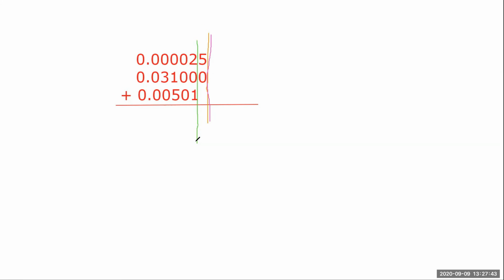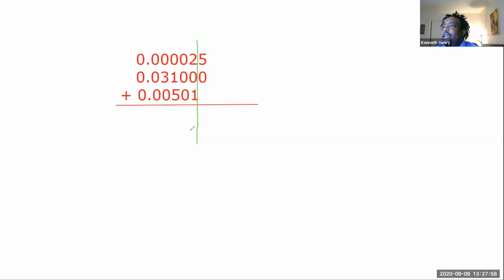Okay. So which one are we going to use? The first line, the second, or the third line? The green line. Okay, so the first one. Okay, so we have... So are we going to round up or round down?